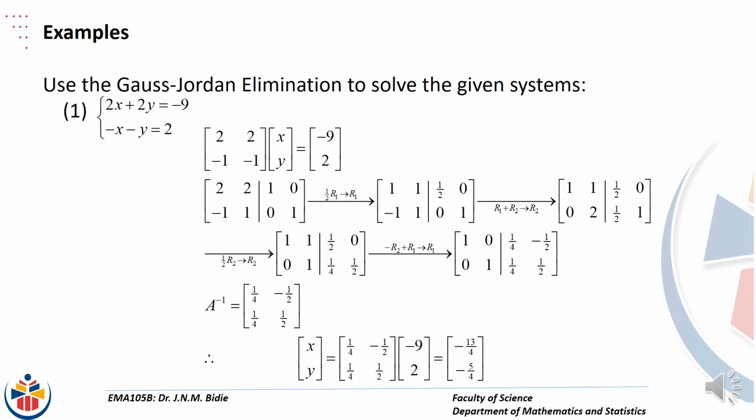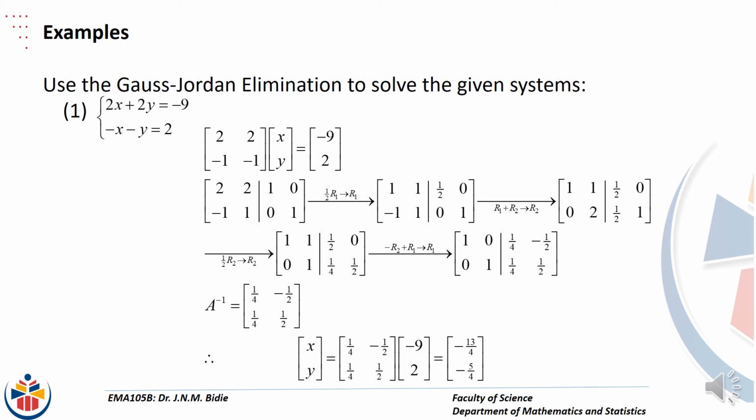We're asked to solve a given system using the Gauss-Jordan elimination. Gauss-Jordan elimination allows us to use the inverse method. It means that at the end, we'll have x equal to A inverse multiplied by C. But now the Gauss-Jordan elimination comes in to find the value of our A inverse without using the determinant.